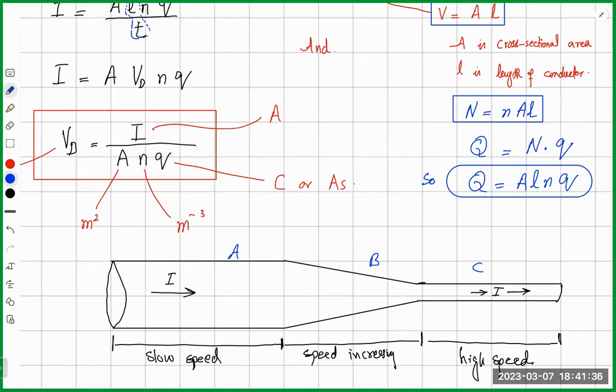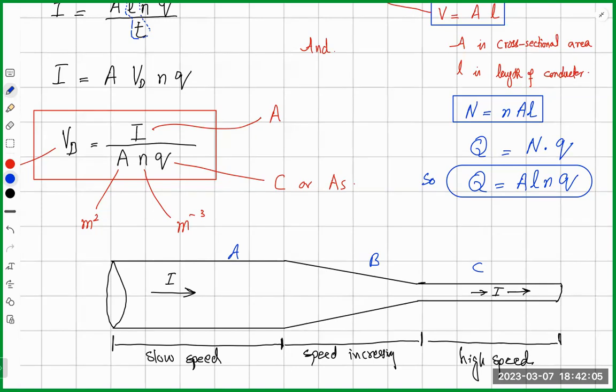And you must have experienced this. For example, if there is a pipe in a lawn, and you want to water the lawn, and you want to make the water go far away from the orifice of the pipe, what you do is put your thumb on the face of the pipe. That will reduce the cross-sectional area, and the speed of the water will increase. This speed has increased without increasing the volume of water.